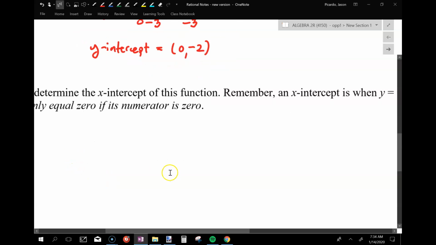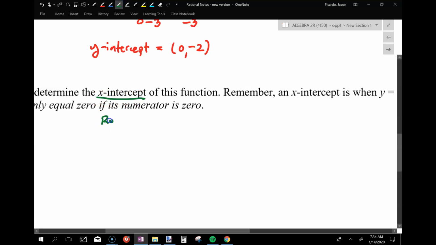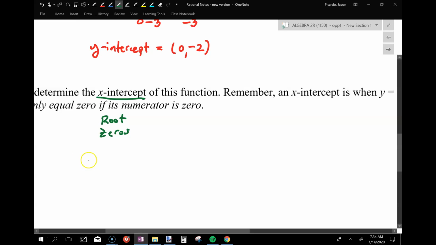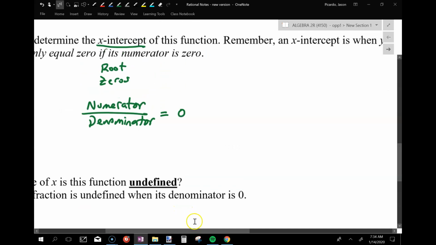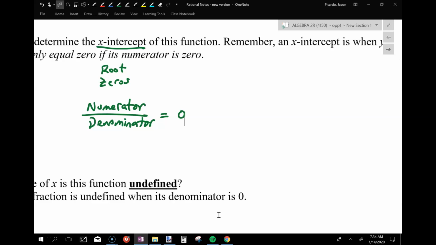Next, determine the x-intercept. What's another word for x-intercept? Both correct, right? Now, anytime I have a fraction, the numerator divided by the denominator, in order for that to equal 0, what has to be true?